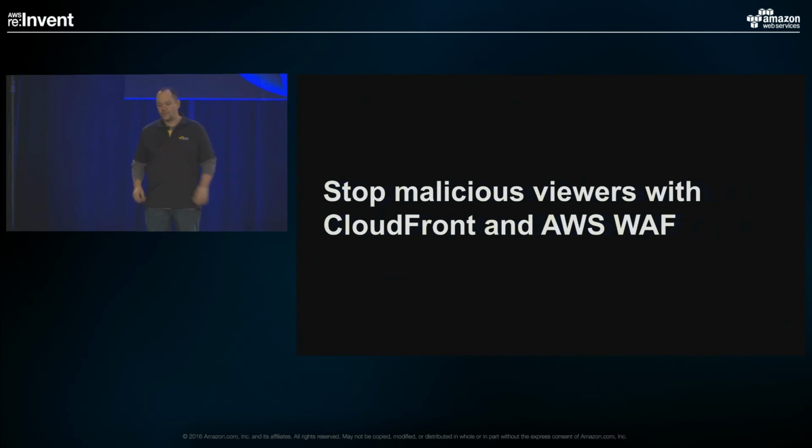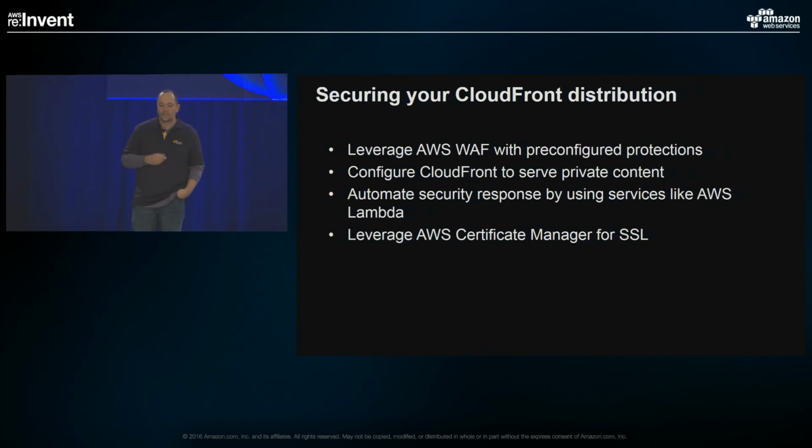Hello, my name is Efrain Fuentes, and I am an enterprise solutions architect with AWS. Today I'm going to talk about how you can stop malicious viewers using Amazon CloudFront and the AWS Web Application Firewall, or WAF. Specifically, I'm going to cover 4 best practices on securing your CloudFront distribution that you can implement in your own AWS environment.